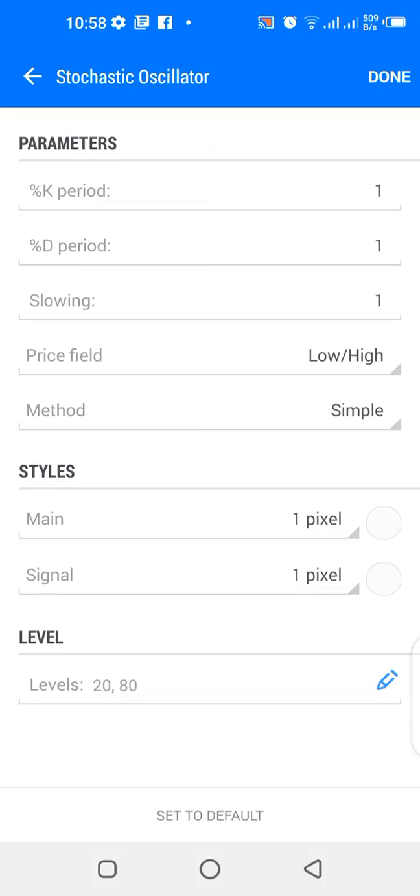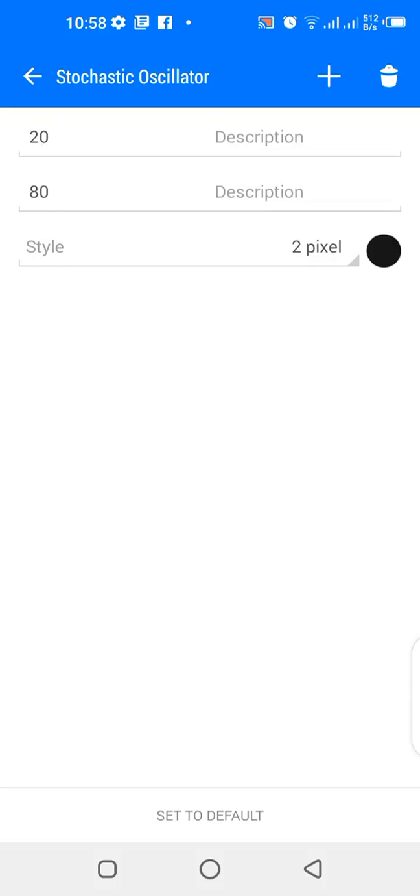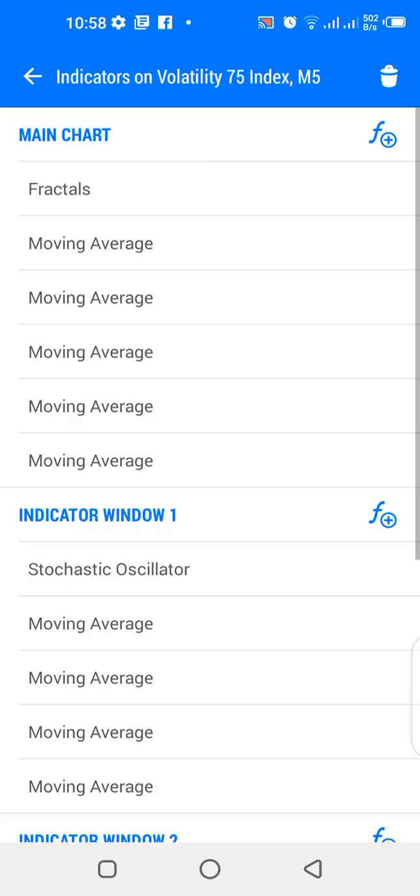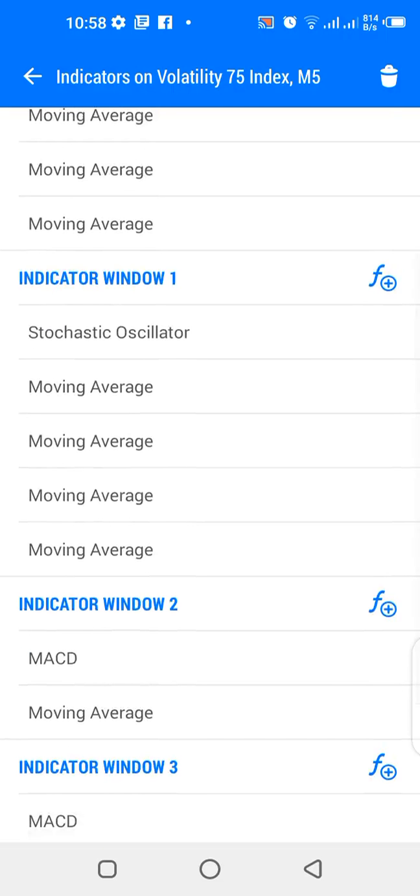And the levels, let's look at the levels. We have 20 and 80. Color is black. Of course, below the 20, the red line crosses above the black line, we have a buy signal. Above the 80, if the red line crosses down on the black line, we have the sell signal. So that's that for the stochastic indicator on indicator window 1.